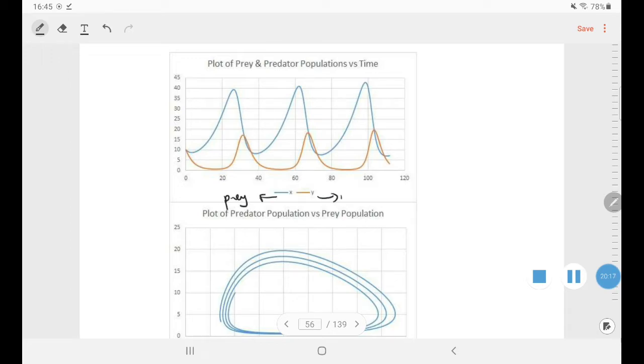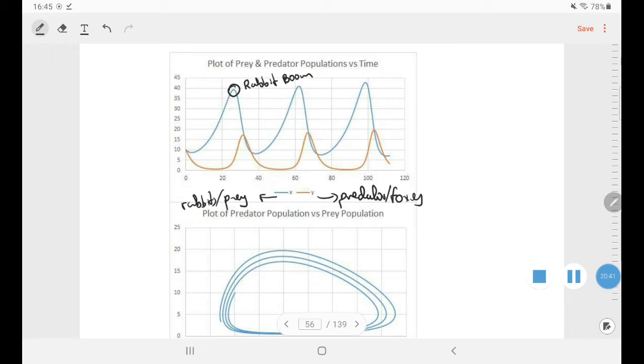And these are the predators. I should keep with the foxes. Rabbits. So let's see what happens. When you get a boom of rabbits, rabbit boom, then what can happen is that the foxes can start doing well.